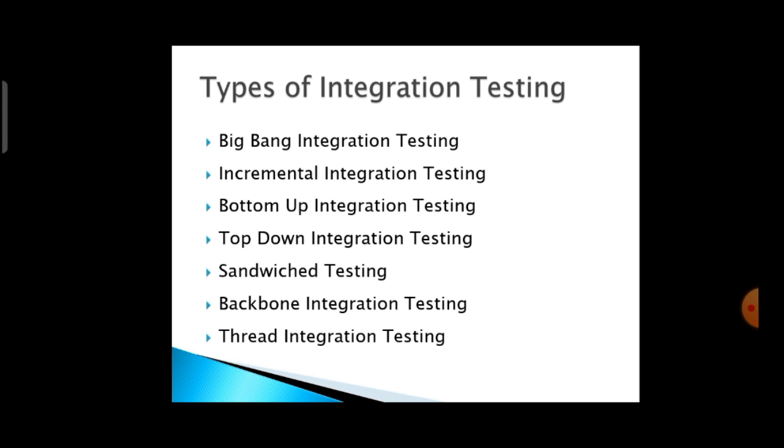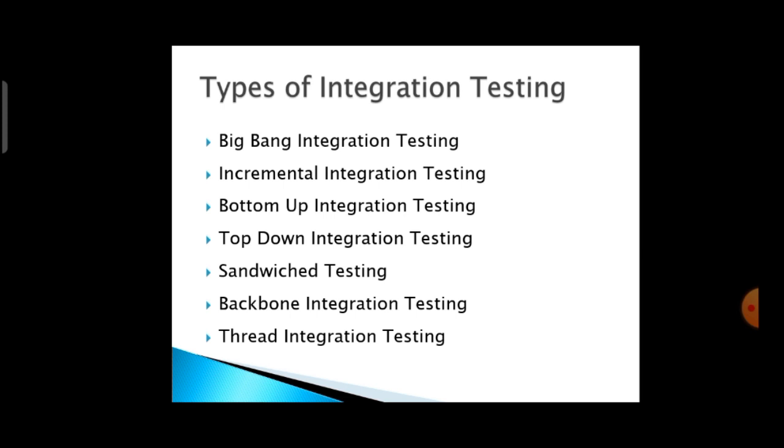Basically, it is one of the common integration testing approaches. In this approach, all the modules making up a system are integrated in a single step. That is, all the modules of a system are simply put together and tested. However, this testing is practicable only for very small systems.